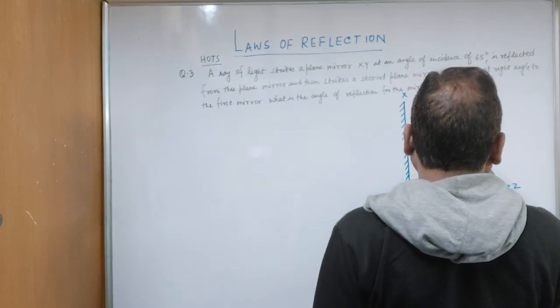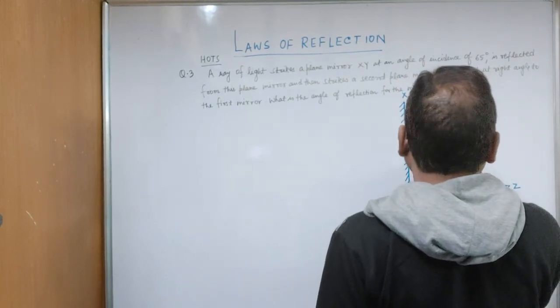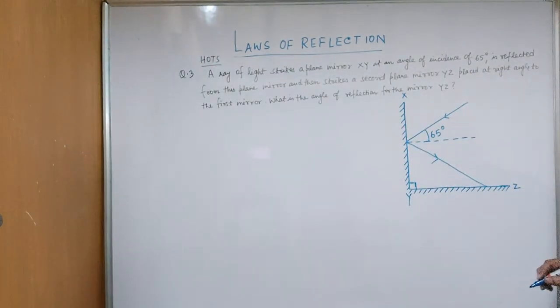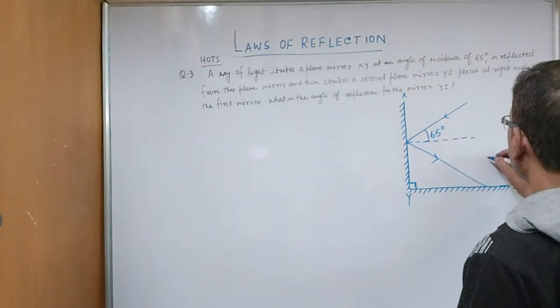Suppose this is the ray which reflected back and strikes a second plane mirror YZ placed at right angle to the first mirror. What is the angle of reflection from the mirror YZ?